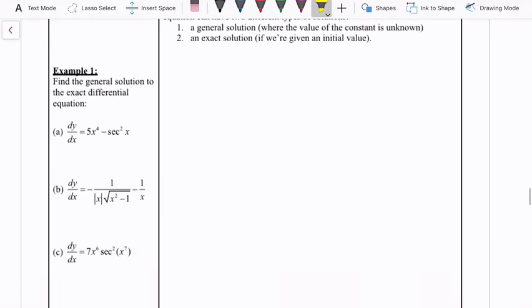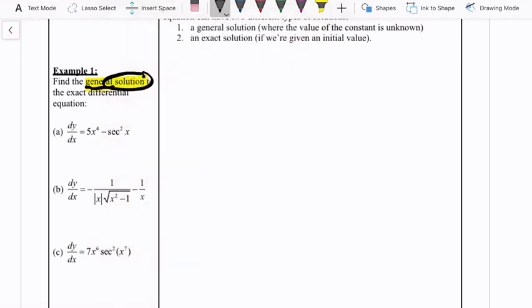Looking at example 1, I have all these different differential equations. I can tell they're differential equations because I'm given dy dx, which really tells us that we have a derivative. So we're starting with the derivative. Let's go back and find its original function. What's the antiderivative? In this case, we're going to find the general solution. We'll talk about what general means later. We're going to focus first on just finding the solution portion.